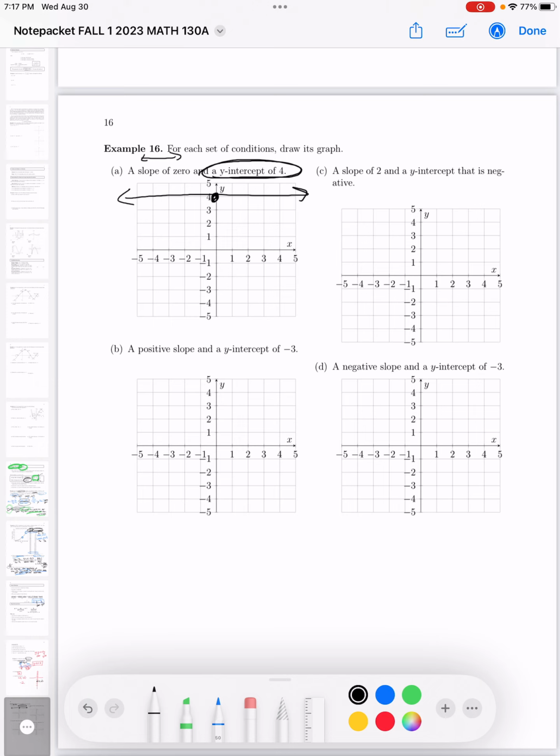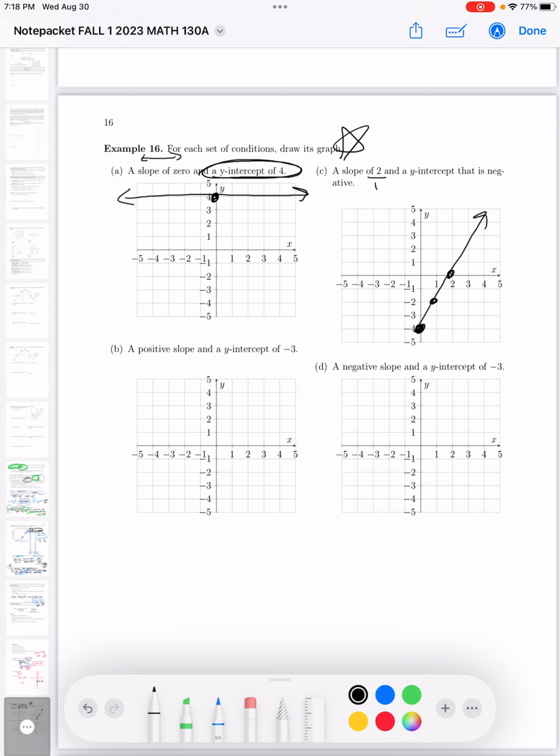On the rest of these, you've got some choices. Not everybody's graph is going to look the same. I'm just going to go over here to C. The y-intercept is negative. Choose any negative number that you want. And the slope is 2. Some people might remember that that's the same thing as 2 over 1. So I would go up 2 over 1, up 2 over 1.